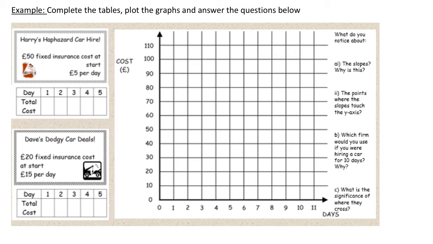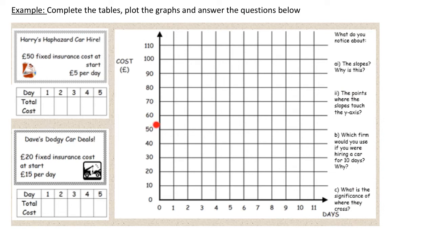From that we can draw a graph. So we go 0 at 30, then 1 at 45, 2 at 60, 3 at 75, 4 at 90, 5 at 105, and we can extend that line to as many days as we desire.